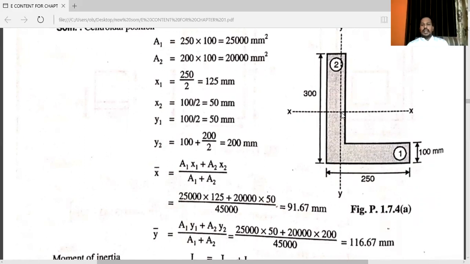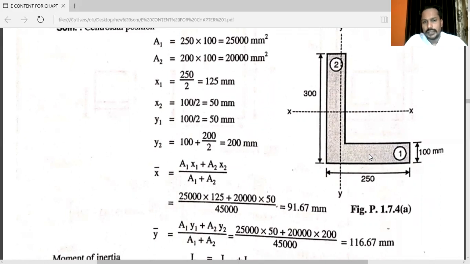But here we are considering only the first rectangle. This one is the first rectangle. And for the first rectangle, the centroid point will be here.